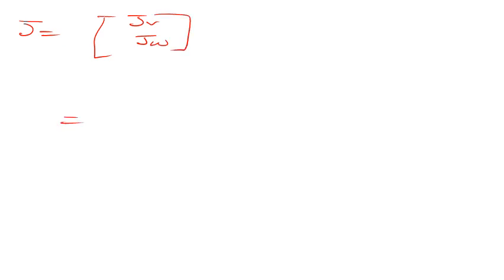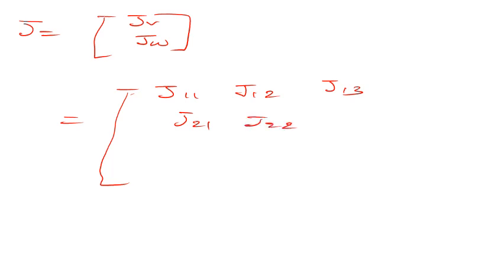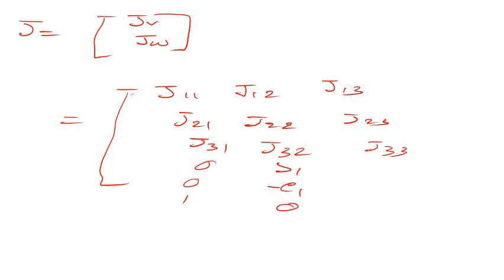So Jv has J11, J12, J13, J21, J22, J23, J31, J32, J33, and the J omega part has the first column 0, 0, 1, then the second column s1, minus c1, 0, and the third column is all 0 because it's a prismatic joint.